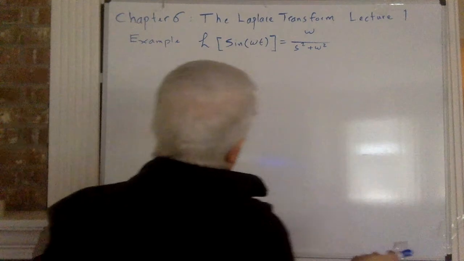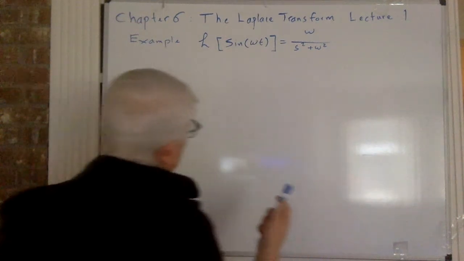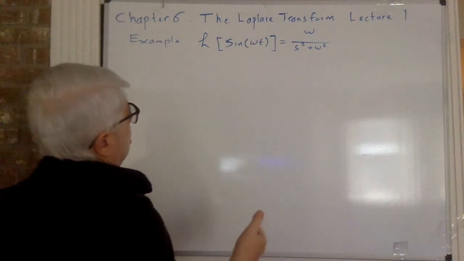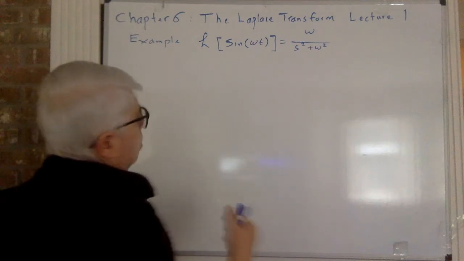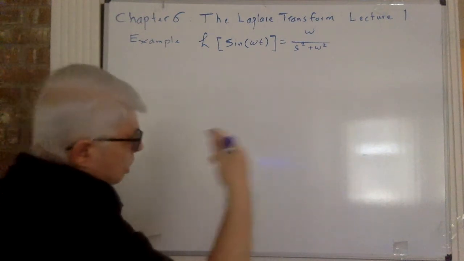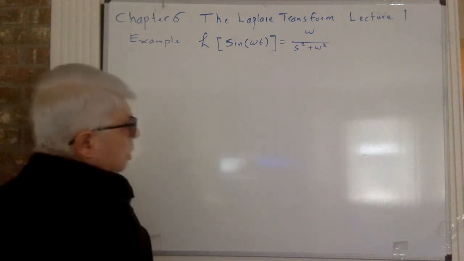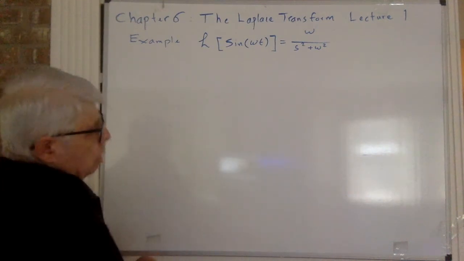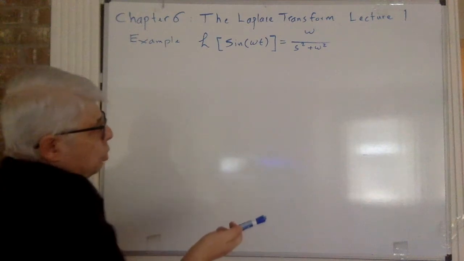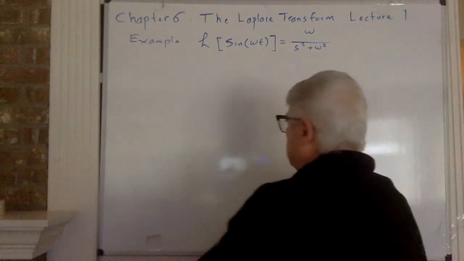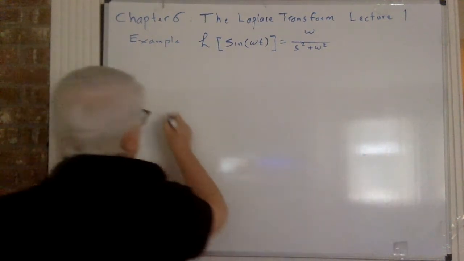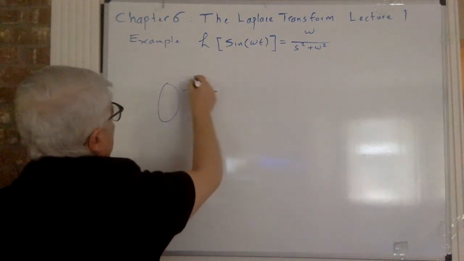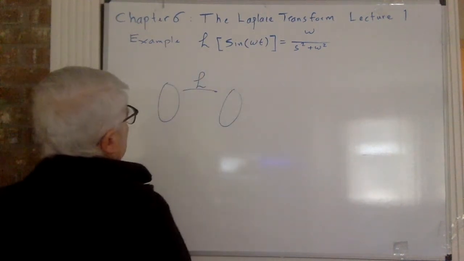Now, engineers, especially electrical engineers, like to call the other space the frequency domain. So they call this one time domain and the other one frequency domain. Remember, I had this thing, and then L goes from here to here.